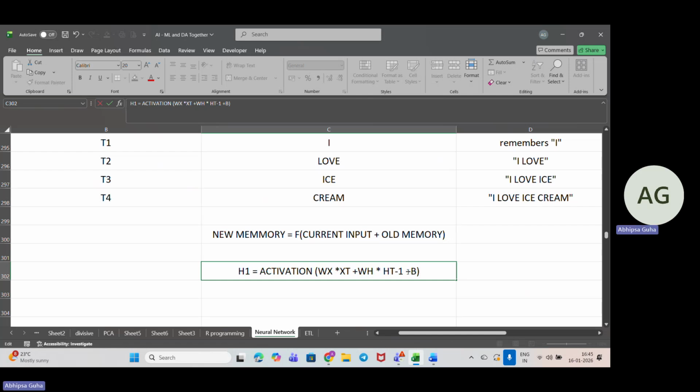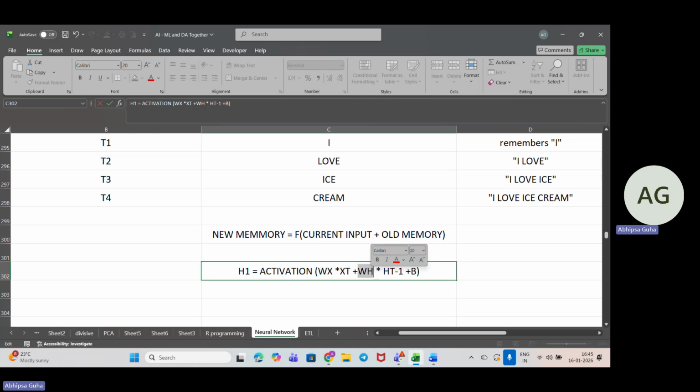So here Xt, what is this Xt? Xt is the current input, like the current word that we have taken. Ht minus 1 is my old memory. Wx is the importance of the input, like the weight of the input, and Wh is the importance of memory.